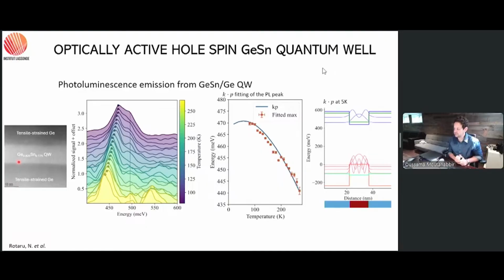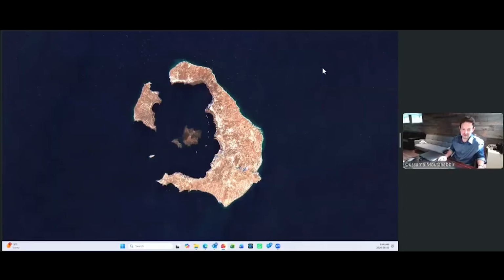We did some transport measurements in different quantum wells, and the mobilities that we measured are higher than 20,000 in highly compressively strained ones. So we have hopes that these quantum wells can show mobilities above 50,000 or 60,000, which is the territory where you can actually have good material to fabricate quantum dots.